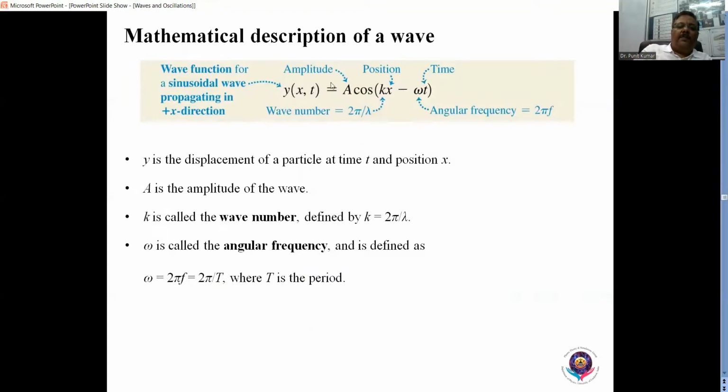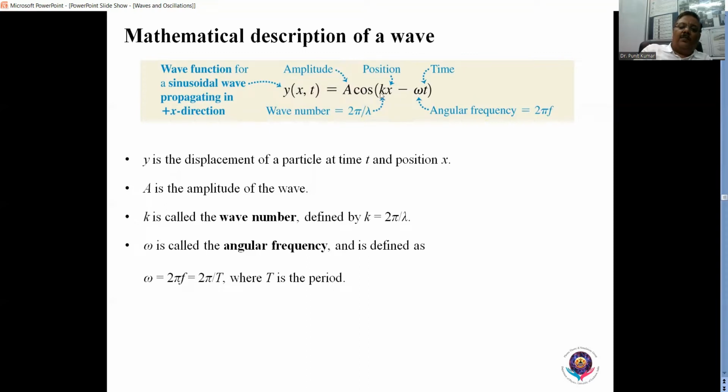Mathematically, a wave can be described in the form of a cos or a sine, which comprises a fixed amplitude and an oscillatory part. The amplitude is fixed at a point. This is a cos or sine wave.